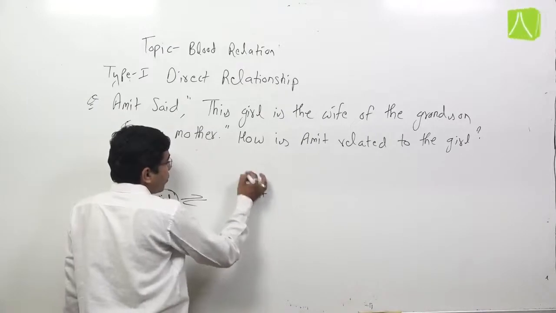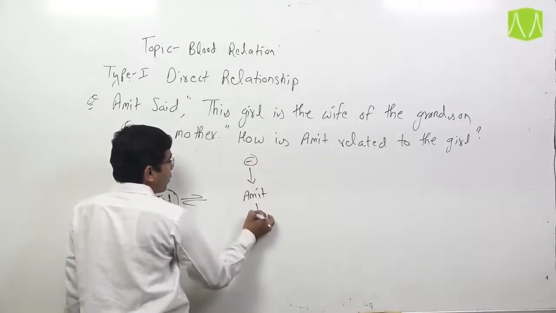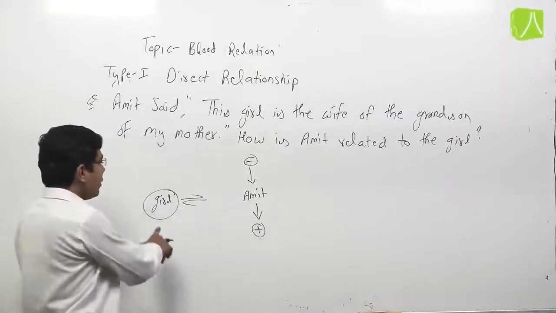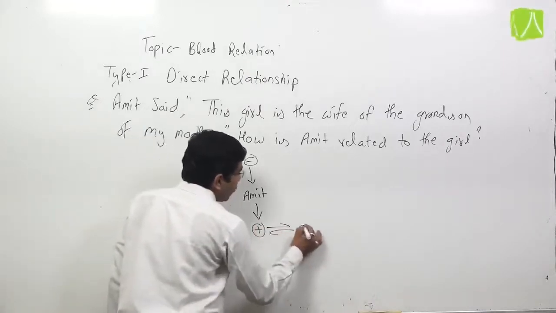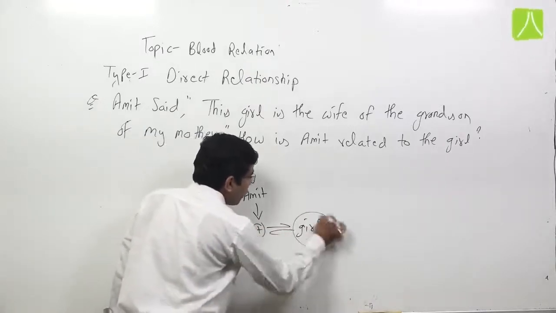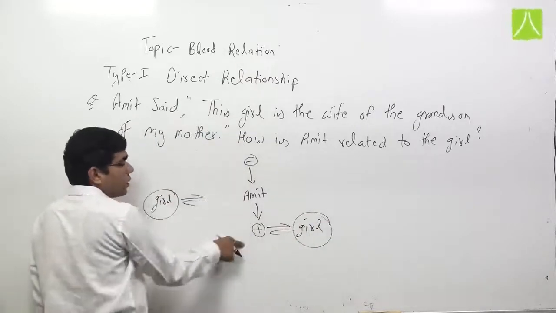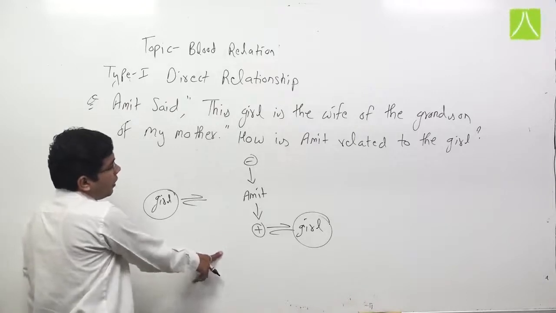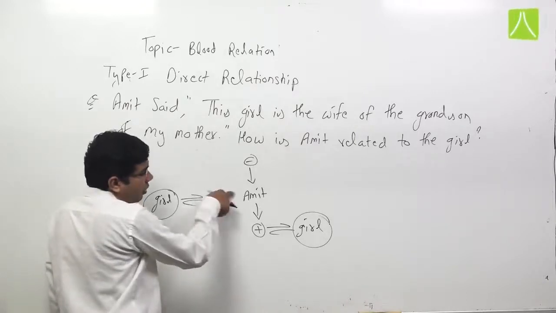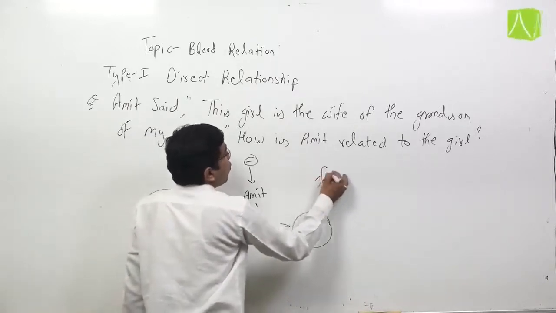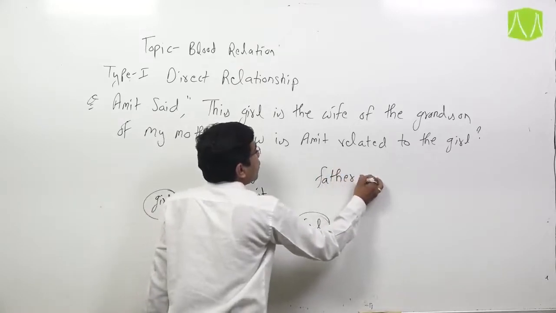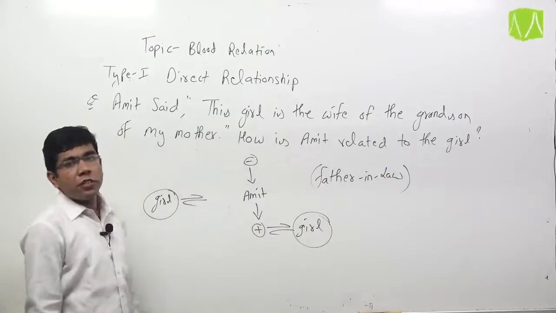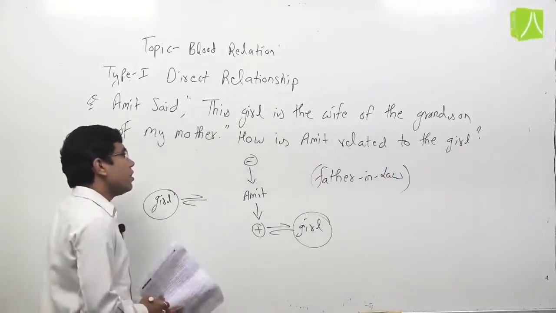Amit's mother's grandson is Amit's son, and this girl is the wife of Amit's mother's grandson. So according to this diagram, we can say that Amit is the father-in-law of this girl. So for this question, our answer is father-in-law.